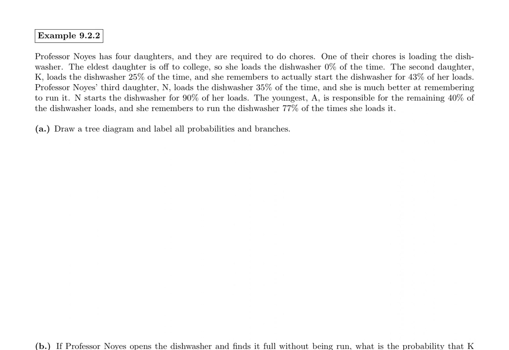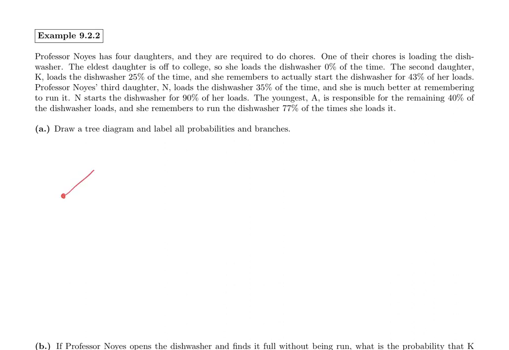So I want you to draw a tree diagram for all of the possibilities here of our different events occurring and label all of our branches and their probabilities. So what I'm going to say is we're going to start with my kids first here.